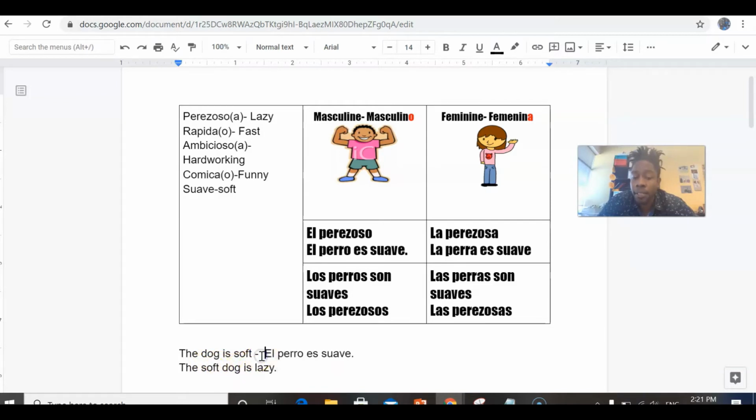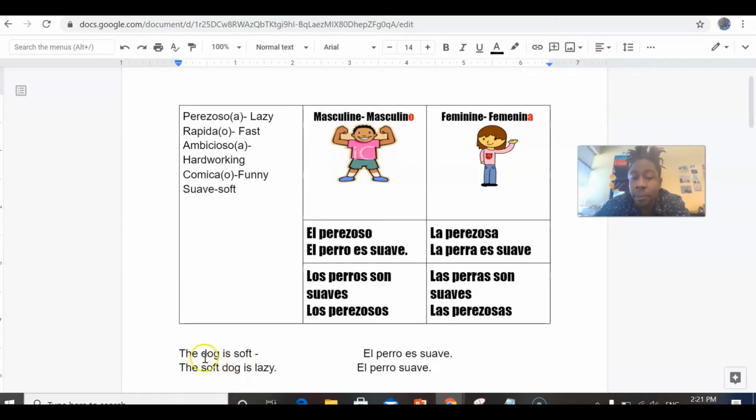This is going to be something that's a little different in Spanish and in other languages, and it's important to understand this because it helps you keep your nouns matched with the adjectives that you choose for them. So here, when I'm talking about the dog is soft, if I want to continue talking about the soft dog, it's el perro suave. So please notice that in English, we didn't just take away this word is. What we did is we moved it in front of the noun.